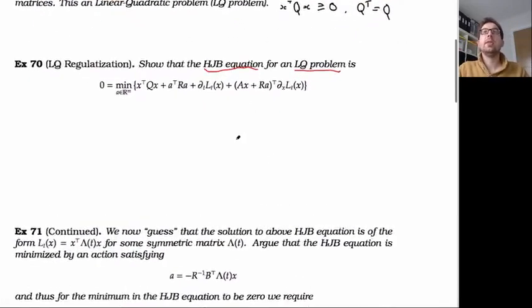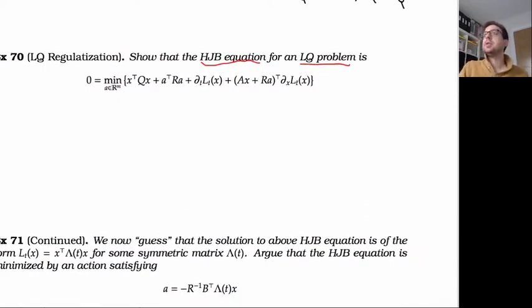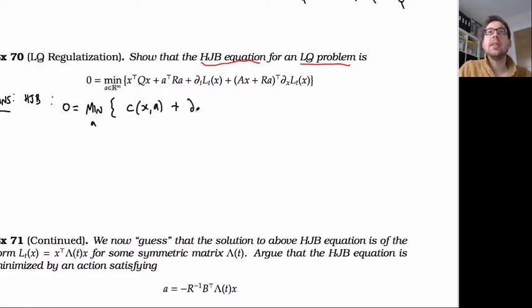To answer this question, we just need to remember the definition of the HJB equation. That is that we minimize over the set of actions the cost of being in state x and taking action a. Then we add on the partial derivative of our optimal cost function with respect to time.